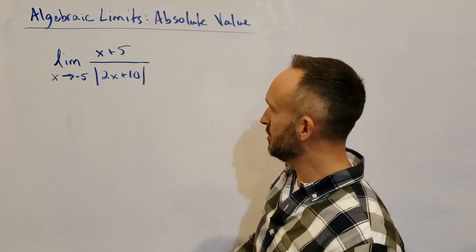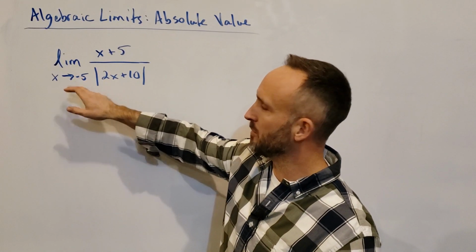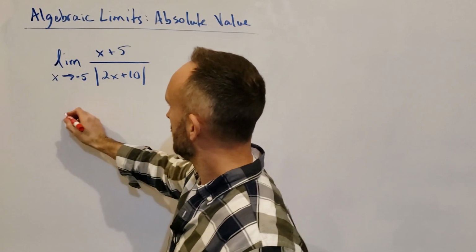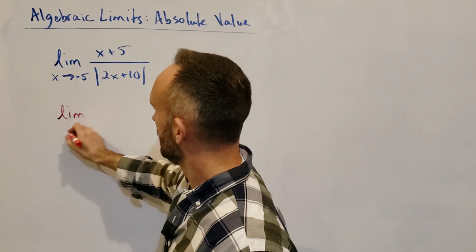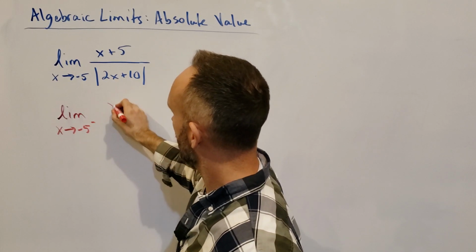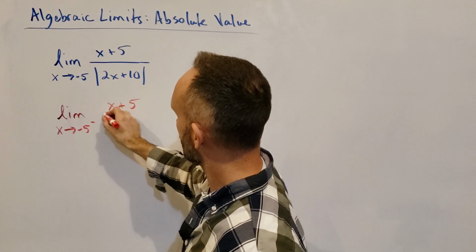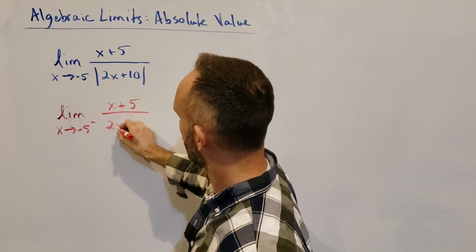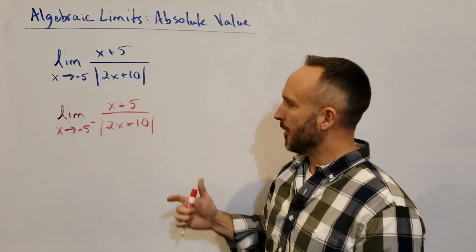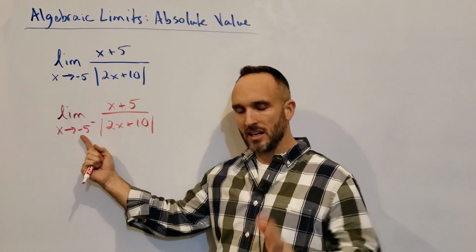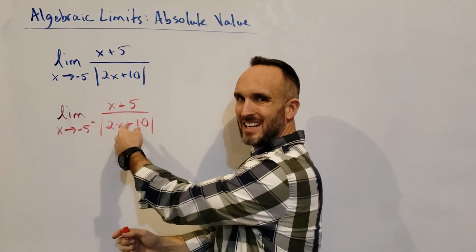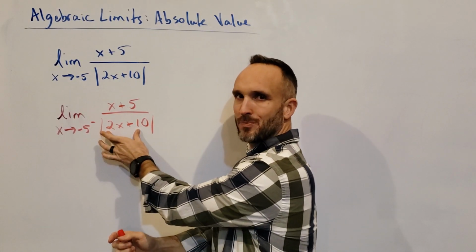So what we have to do in this case is look at both one-sided limits to evaluate this. So let's consider the limit as x approaches -5 from the left of this fraction. Now, whenever x is, again, to the left of -5, we already said 2x plus 10 is a negative value.